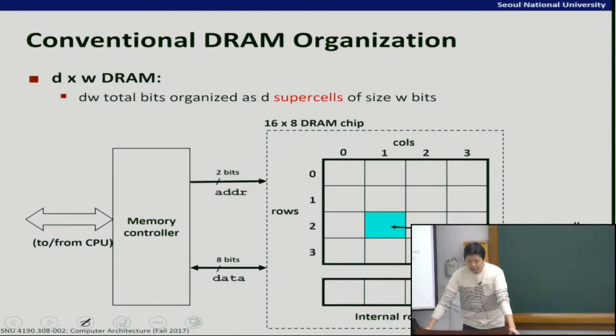So let's take a look at the DRAM organization. Here is a very simplified version of the DRAM structure. Typically, a DRAM chip has a two-dimensional array, a 2D memory array.